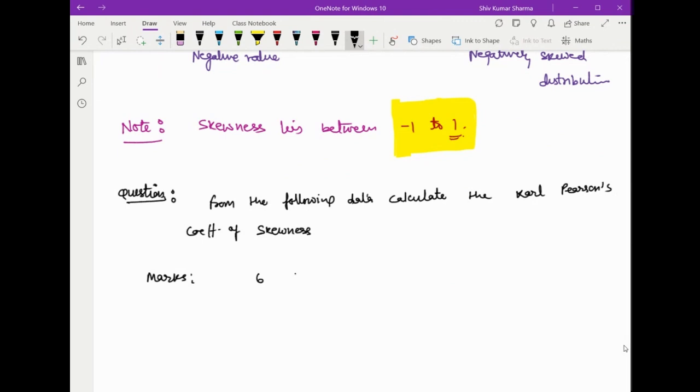Marks are given in this form: 6, 7, 8, 9, 10, 11, 12, and the corresponding frequencies are 3, 6, 9, 13, 8, 5, and 4.